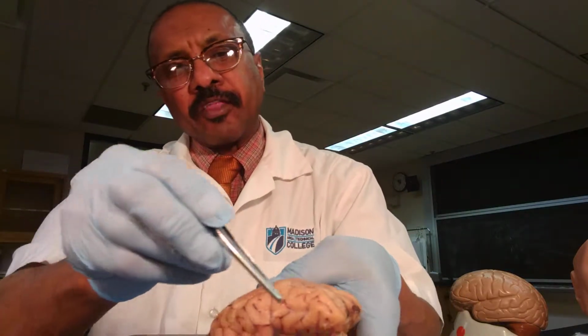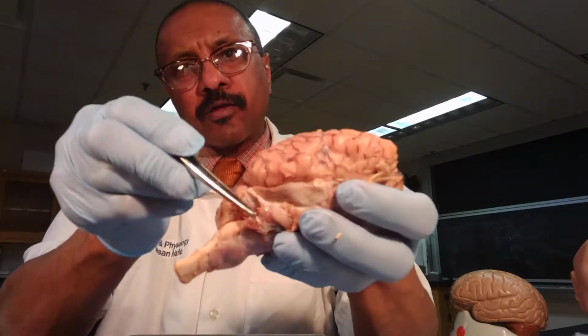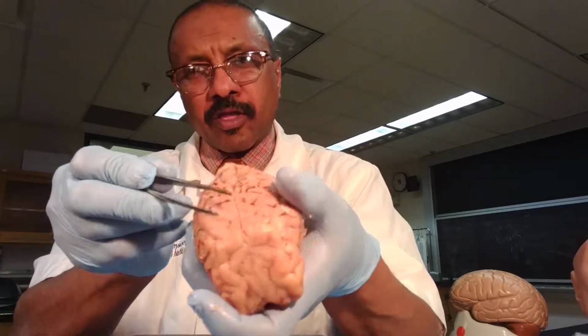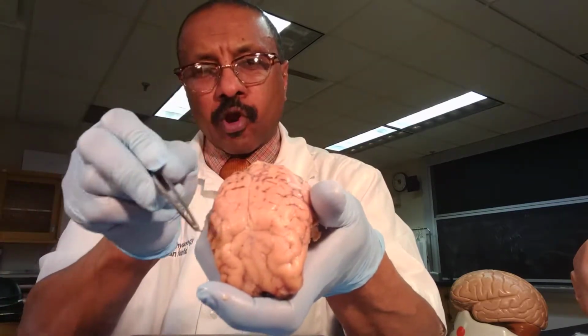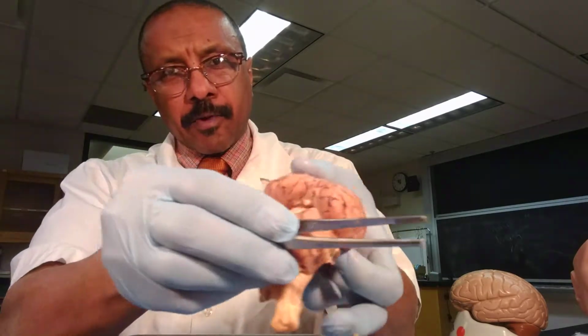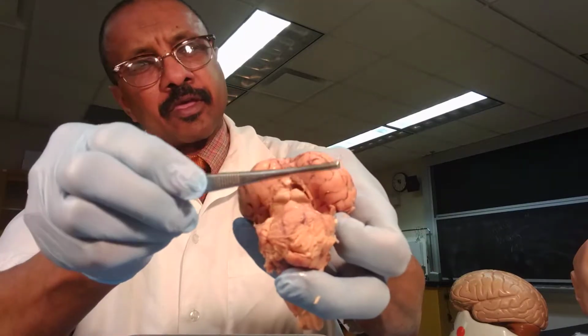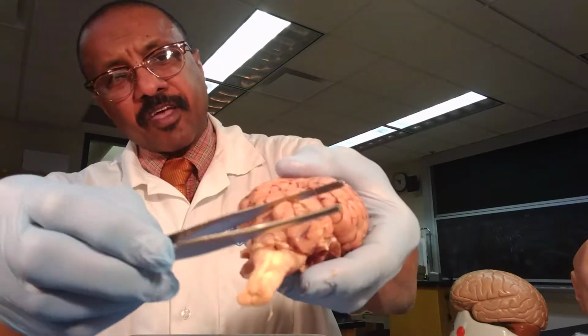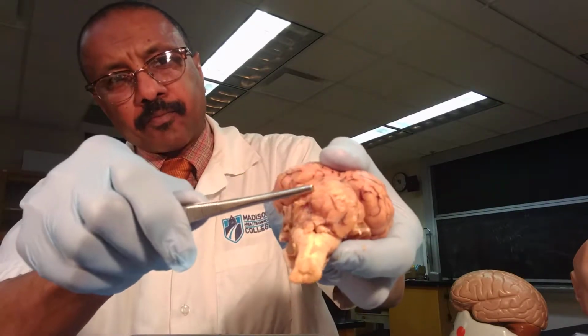This side you're looking at is the parietal lobe, and this part here, if I turn it this way, is your temporal lobe. What you're looking at in the back here is the occipital lobe, and this is our cerebellum.